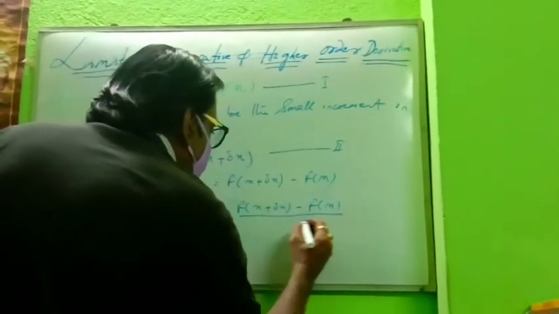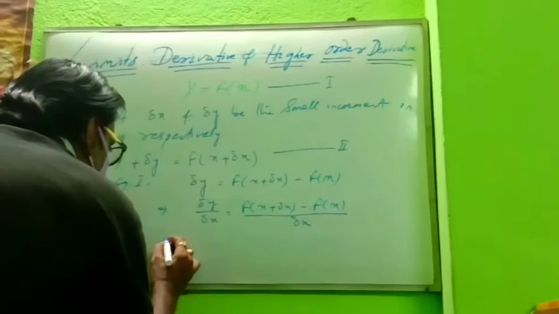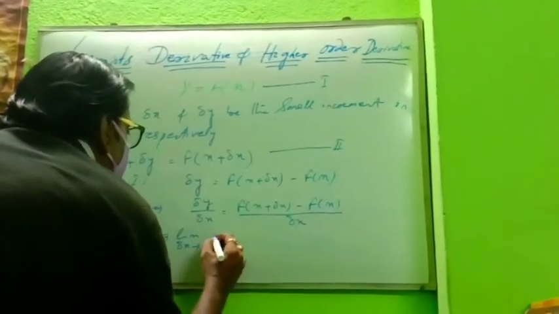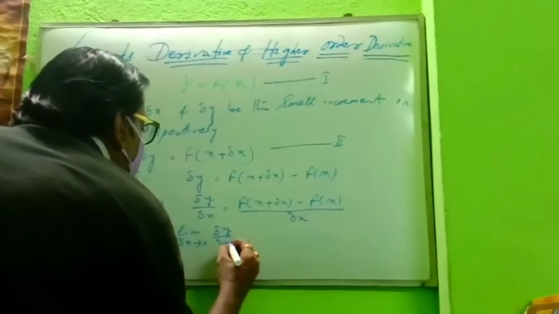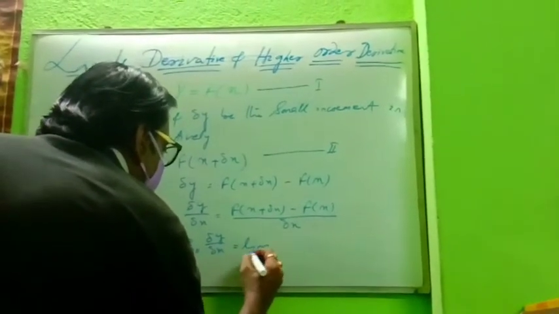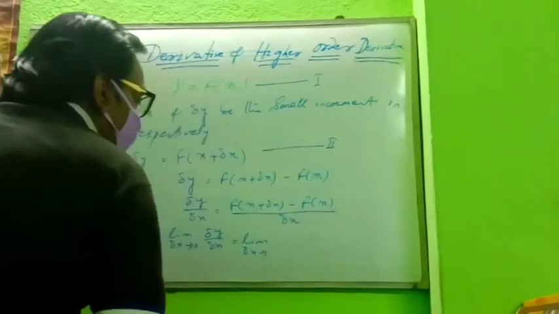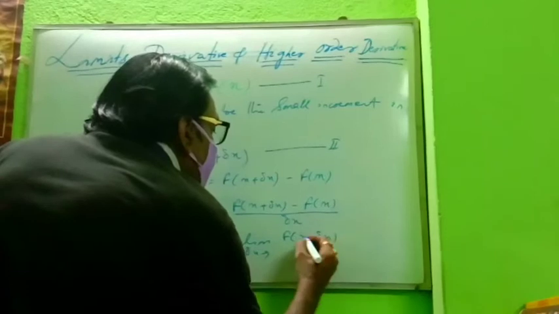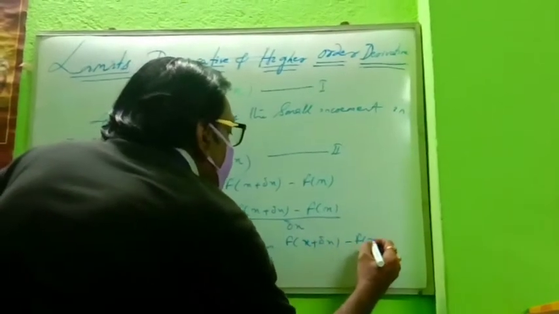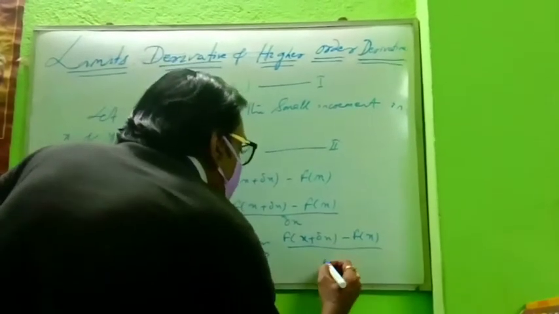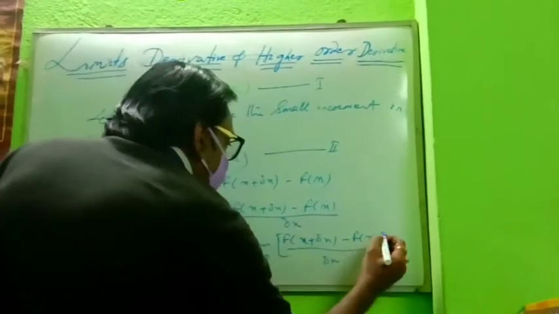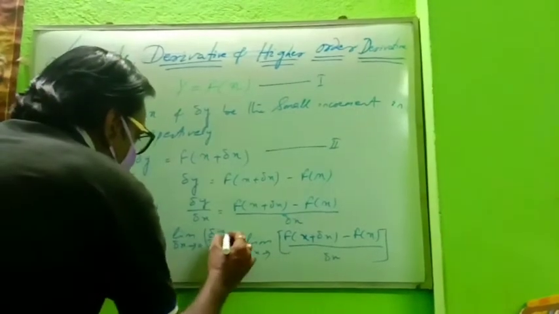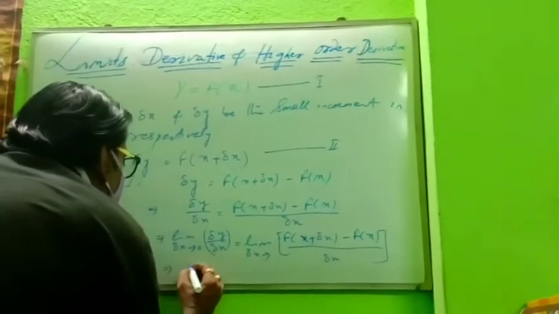Dividing delta x both sides, again taking limit delta x tends to 0, delta y by delta x is equal to limit delta x tends to 0, taking limit both sides, f of x plus delta x minus f of x divided by delta x. See, delta x tends to 0, delta y by delta x, this is nothing but dy by dx.